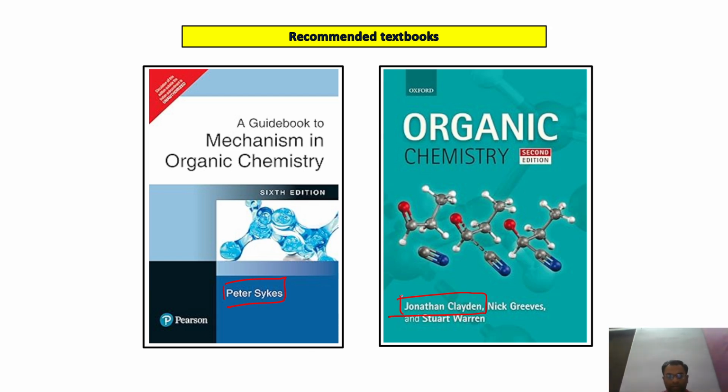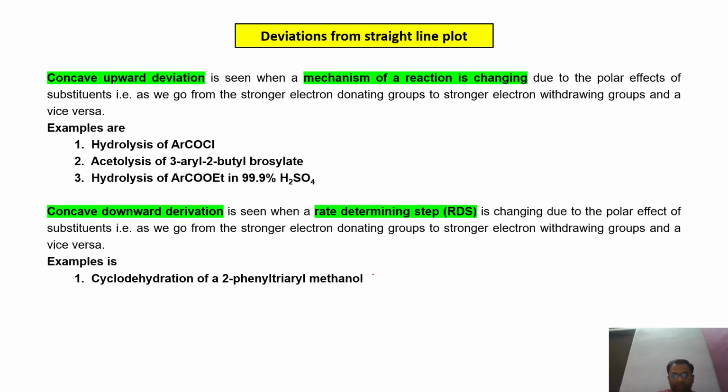Now, the topic of this lecture is deviation from the straight line. This is a very interesting and concept-boosting topic. In a Hammett plot, we have a straight line relationship.